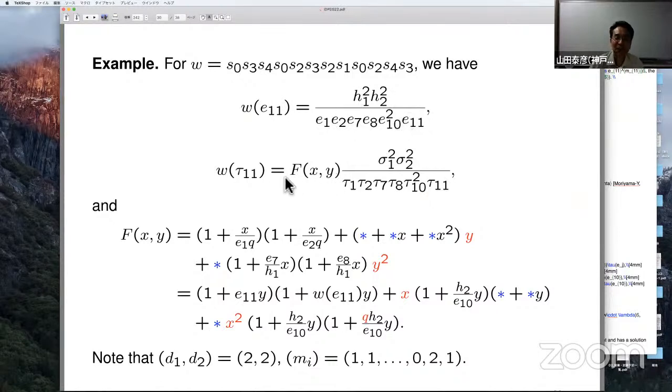And we have an extra factor f, which is our non-trivial function in x and y. They are a priori rational functions in x and y, but we see that they are in fact polynomials. In this case, they are degree 2 polynomials, so degree 2 in x variables and degree 2 in y variables.